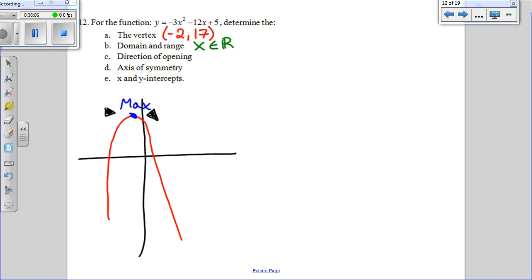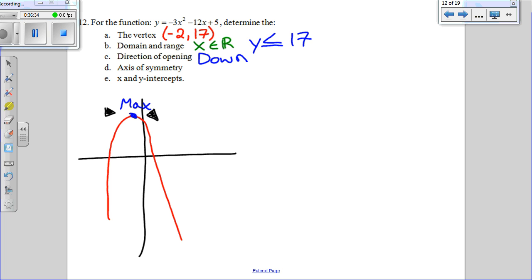And the highest I ever went in my graph was at 17. So Y is less than or equal to 17. Direction of the opening. Down. Opening downwards. The axis of symmetry is x equals negative 2. The x value from your vertex.